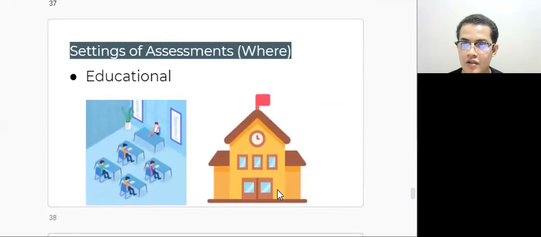Now let us talk about the different settings of testing. We have mentioned in the previous lesson the educational setting, clinical setting, industrial and organizational setting, and government setting. Now, a school setting may conduct several tests, such as ability tests and tests for special needs. This may also include other tests such as achievement tests, which tend to evaluate the children's accomplishment and their degree of learning.